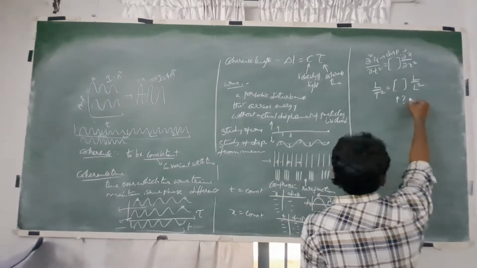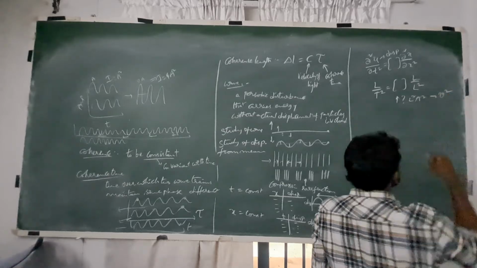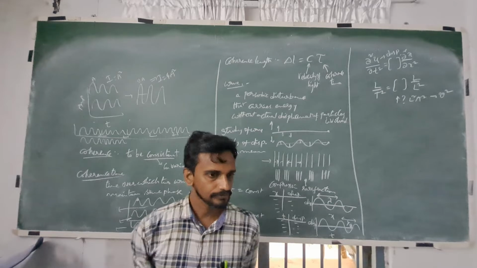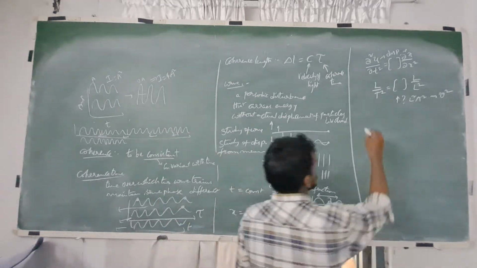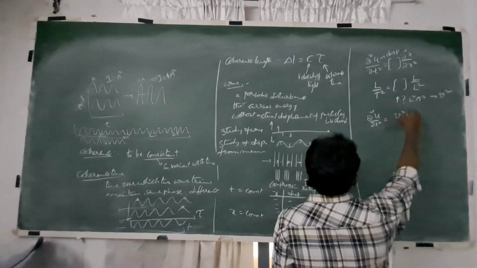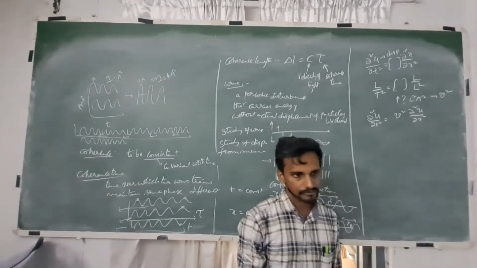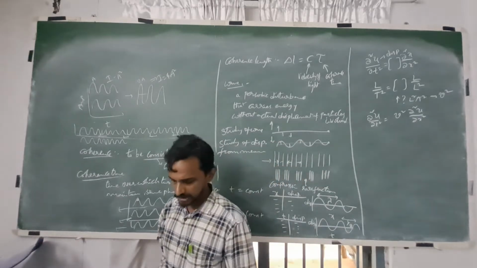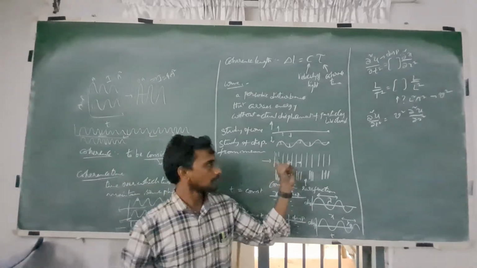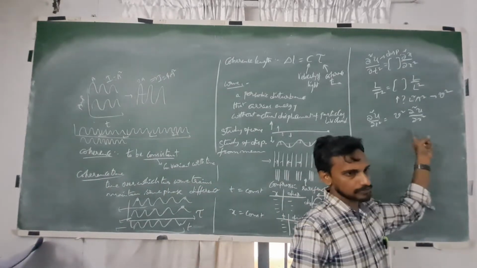L²/T². So call it velocity square. So the wave equation is ∂²y/∂t² = v² ∂²y/∂x². So velocity is the parameter that connects the study of wave as a function of time and as a function of space.